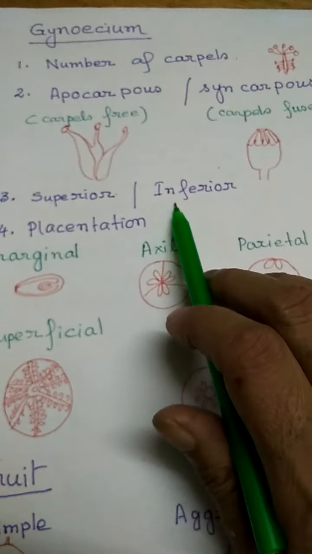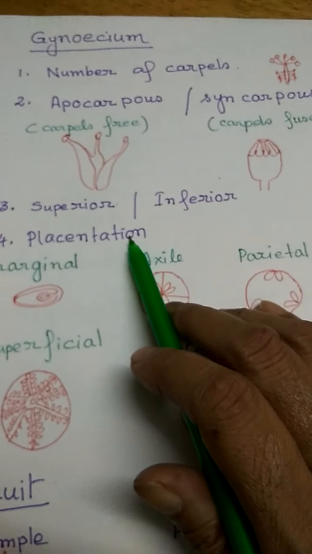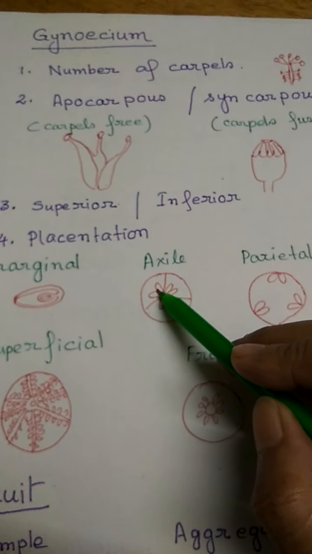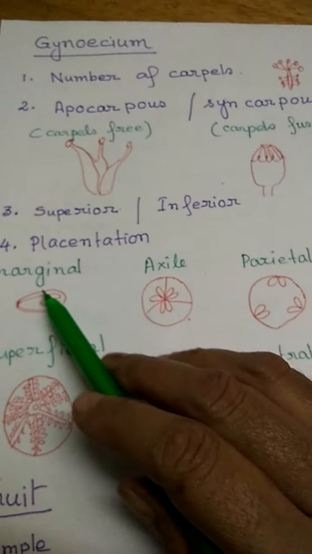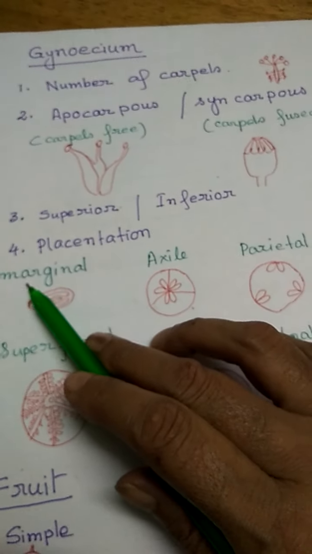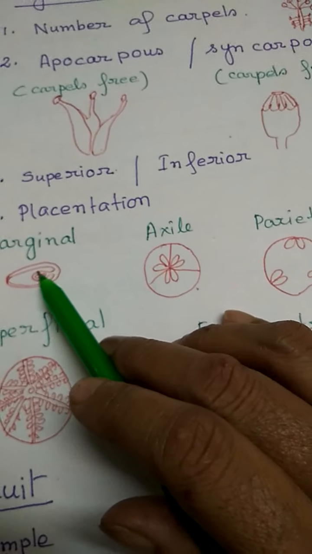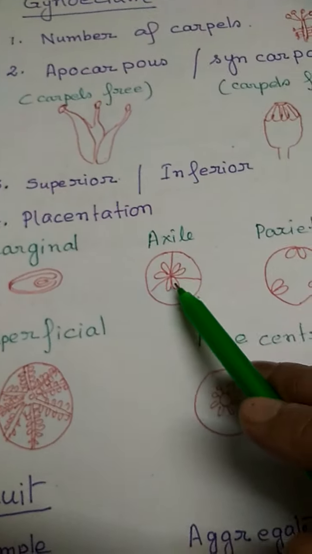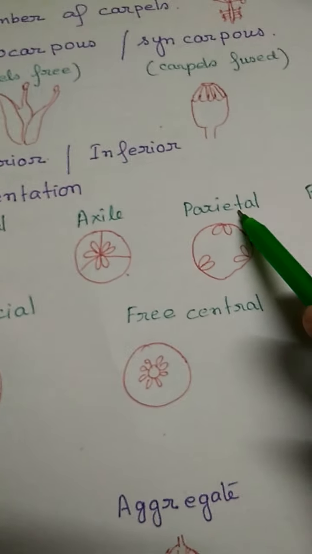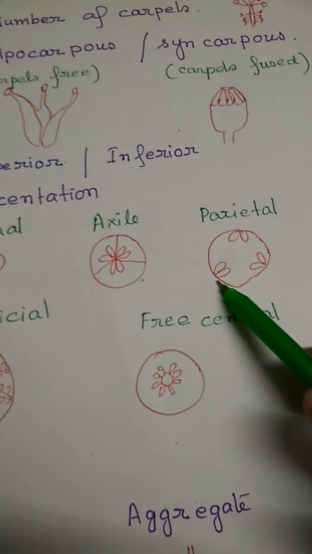Superior and inferior means arrangement on the thalamus. Then placentation means if you cut the section of the ovary, then ovules are present. These are the ovules. Where and how they are present, that is known as placentation. Placentation is marginal when the ovules are present in the margin only. Axile means attached with the center. Parietal means ovules are attached with the peripheral portion.